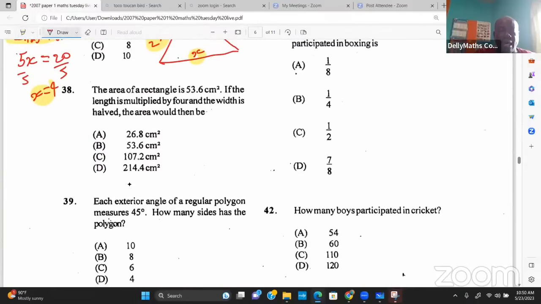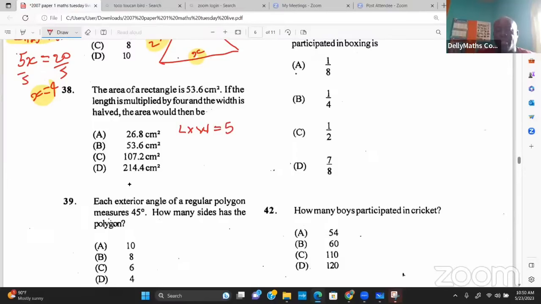So 38 says the area of a rectangle is 53.6. If the length is multiplied by 4 and the width is halved, the area would then be what? Now, we understand that length times width does give us the area of a rectangle.